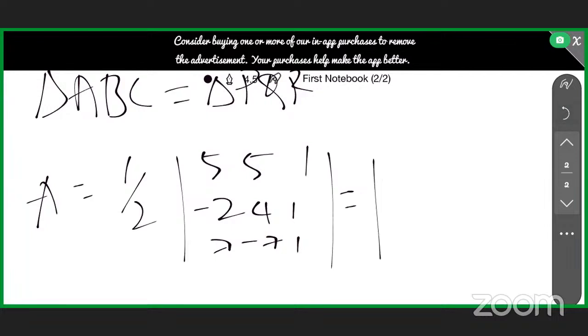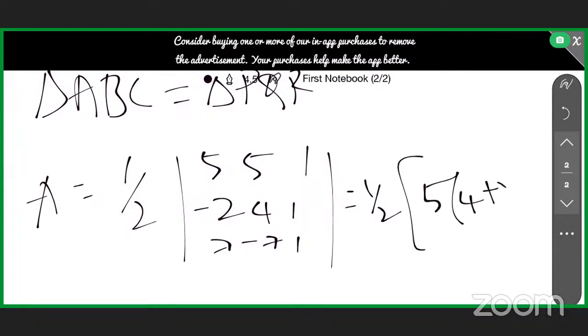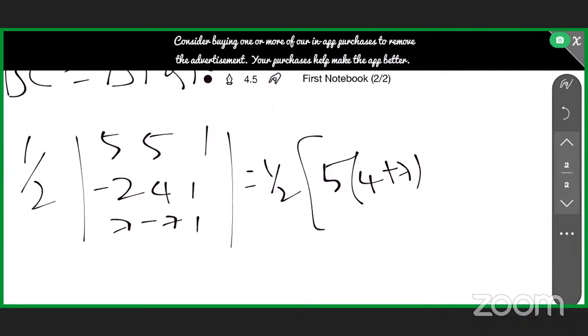So half is there already, and we are expanding the determinant: half into 5 into (4 + 7), minus 5 into (-2 - 7), plus 1 into (14 - 28).